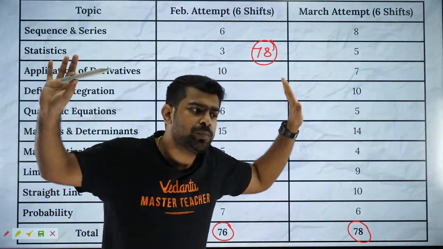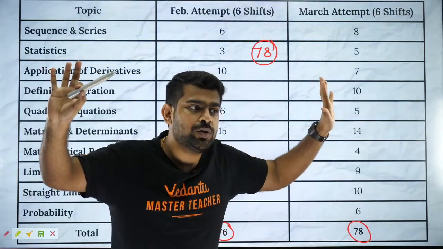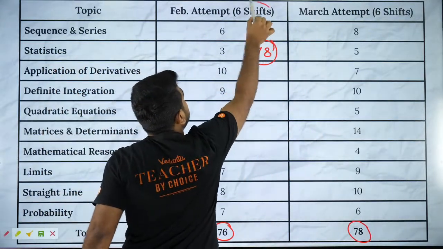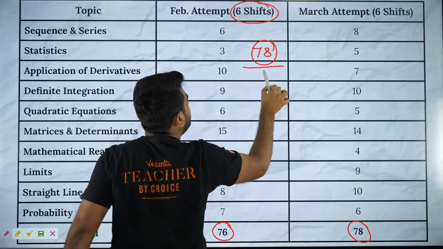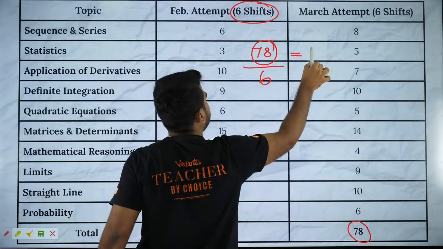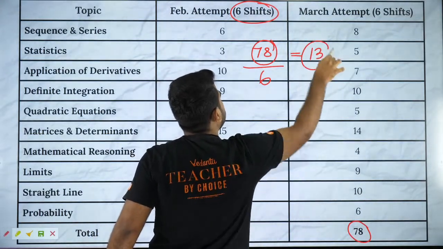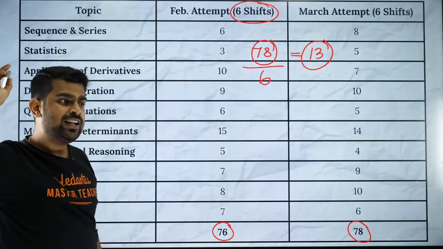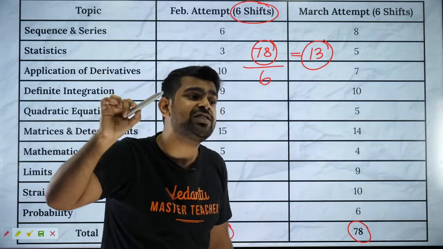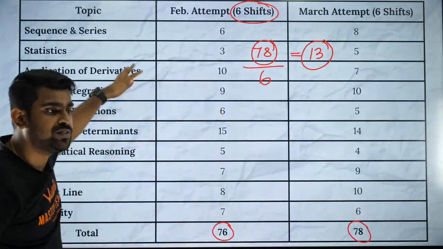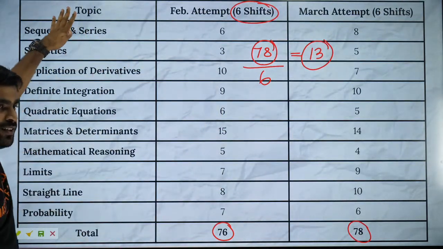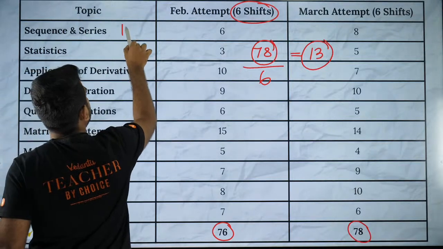Is it safe to assume? And how many shifts are there? There are 6 shifts. So divide by 6. I get 13 questions per shift from the topics which I gave here. And 13 into 4 is how much?